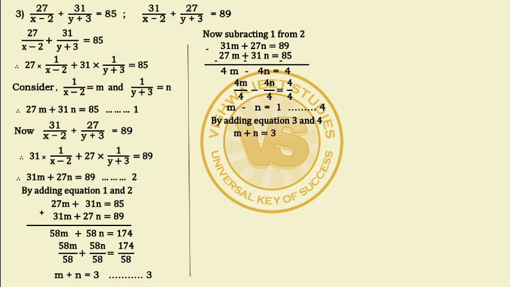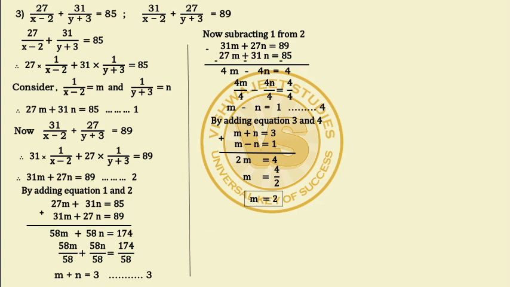By adding equations 3 and 4, m plus n is equal to 3 plus m minus n is equal to 1. By adding, we get 2m is equal to 4. 2 is in multiplication form. When it goes to the right hand side, it will divide the 4. After division, we get the value of m as m is equal to 2.